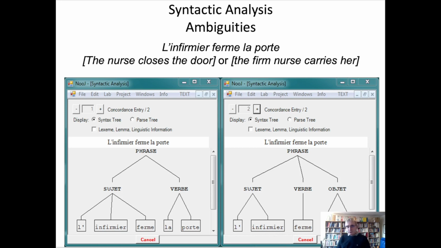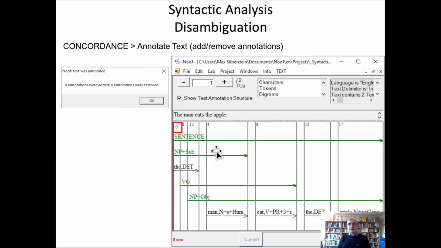All these syntactic annotations are represented in green in Nooj TAS. Remember that the black annotations correspond to lexical units, while green annotations correspond to syntactic annotations. We can use the result of the syntactic analysis, using Concordance, Annotate Text, which will add or remove annotations.